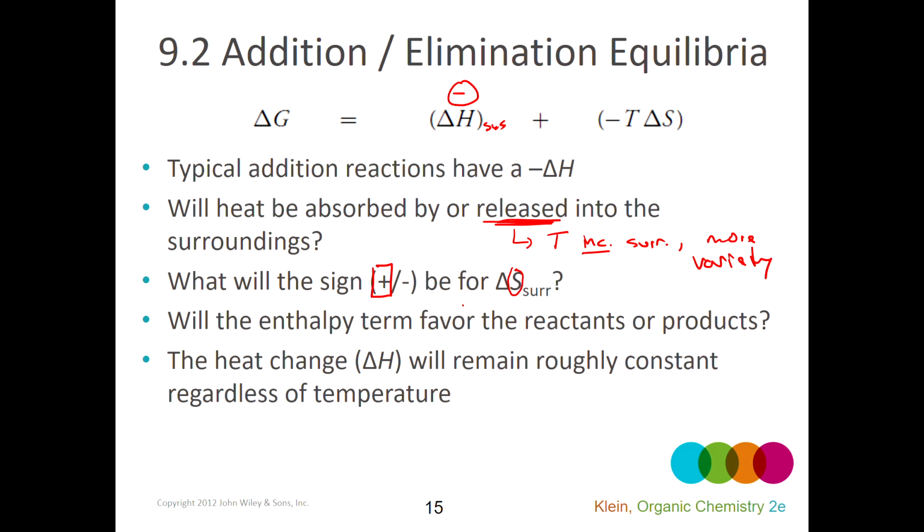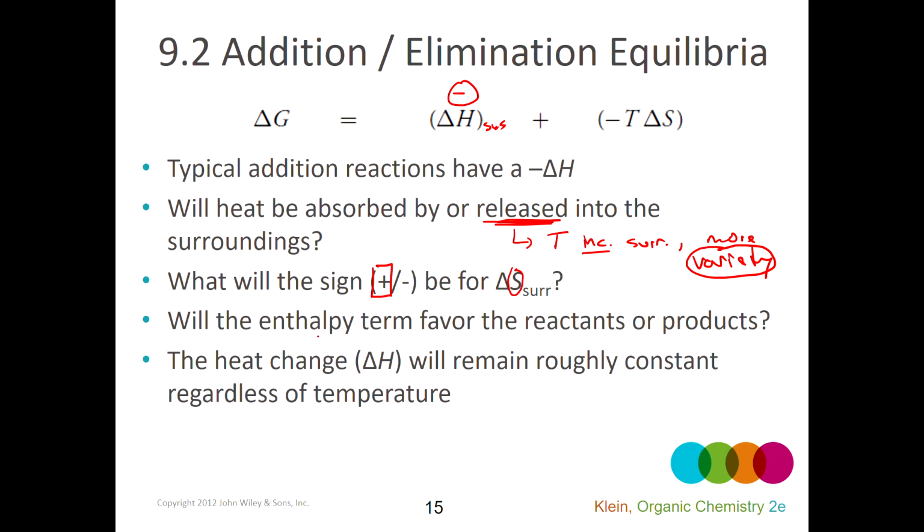We know that at a lower temperature, there's a narrow distribution of different kinetic energies for the particles. When we get to a higher temperature, there's still some moving very slowly, but now there's a lot more moving quickly, so there's a broader distribution of speeds and kinetic energies, which means more variety for the molecules.